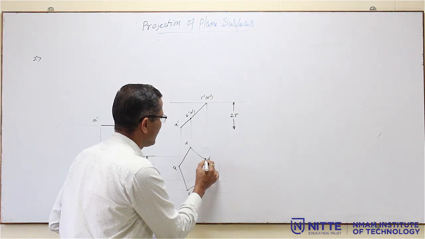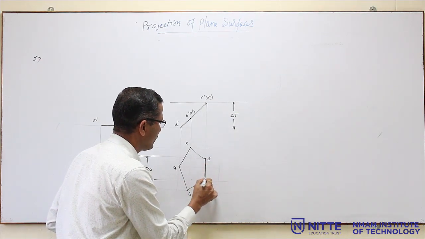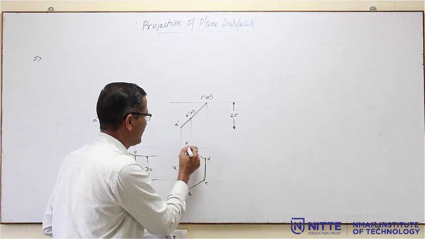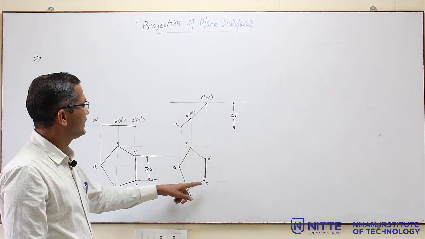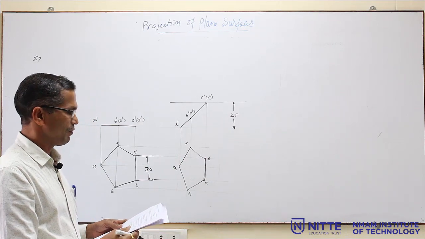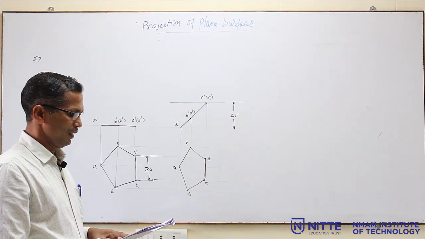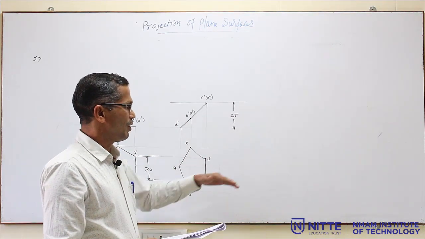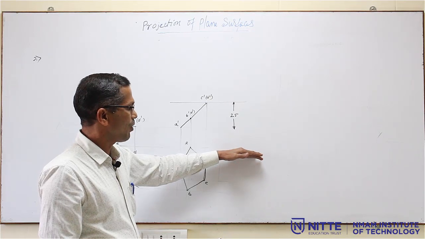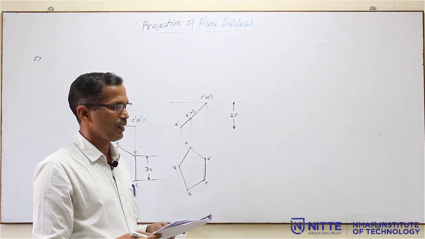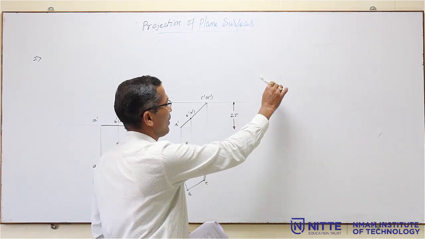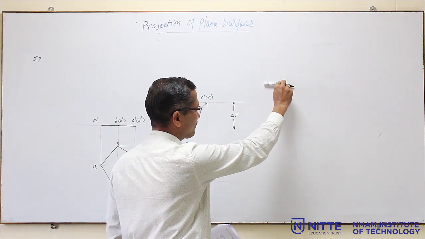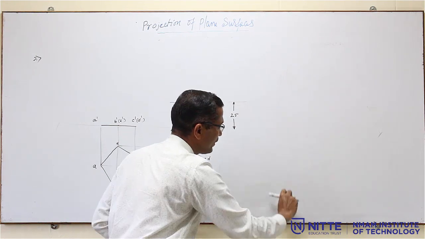That means now you have to redraw this pentagon so that the side CD should be in VP. Whenever any line is on VP, then its top view will be on the XY line.